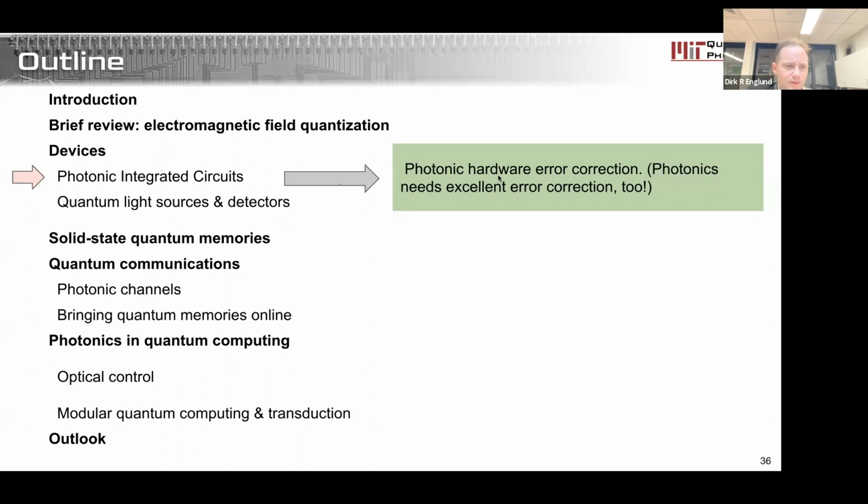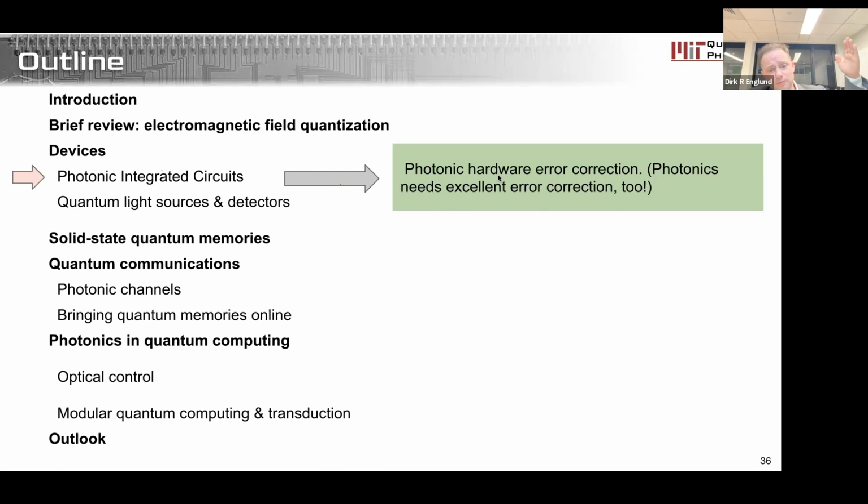Then we started really to get into photonic hardware error correction. And it's an interesting thing because when you think about the Babbage difference engine, one of the early computers, it never could work because of the buildup of errors. But optics is different, because if you have an error upstream in your optical circuit, you can cancel it in principle downstream because it's all coherent.